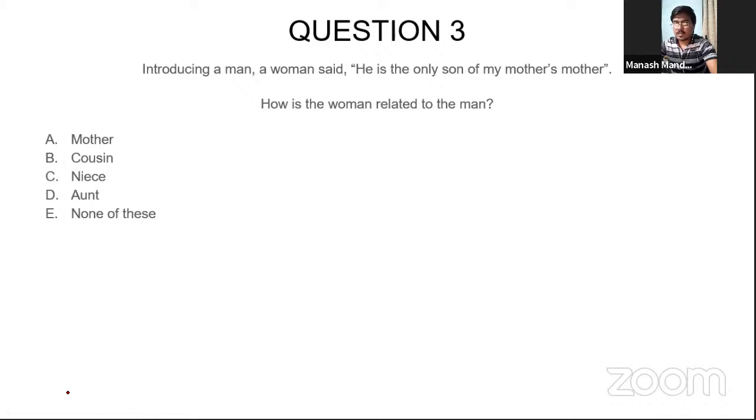The niece. Okay, we're changing our answer. Bharat is asking C. So Apurva, can you explain this question and the answer to us? How did you get the answer?